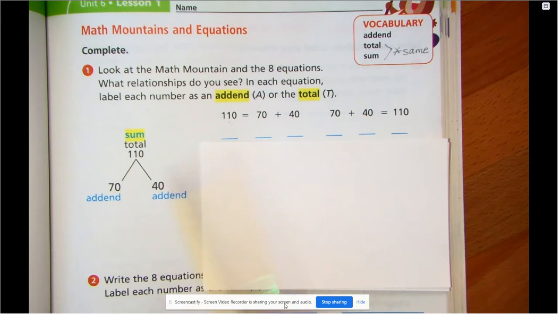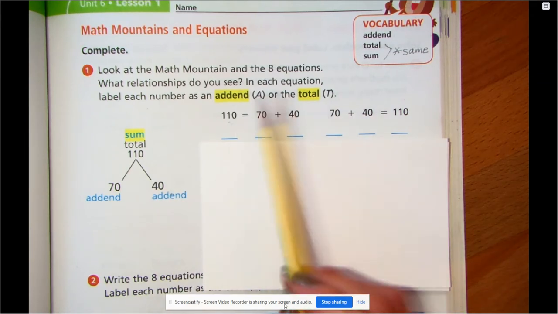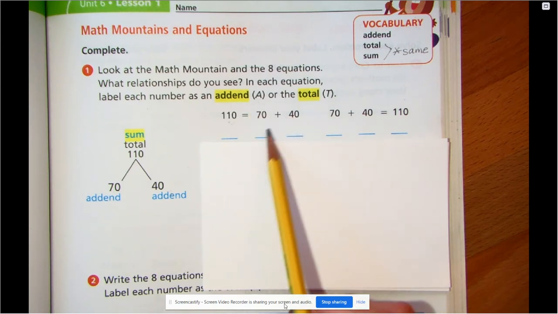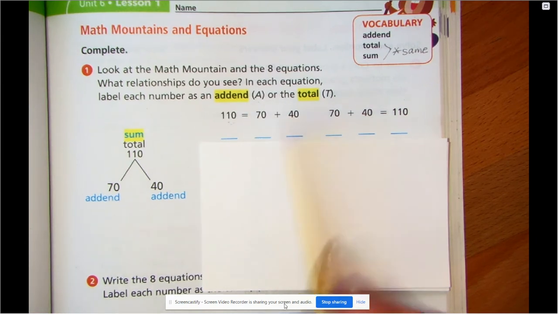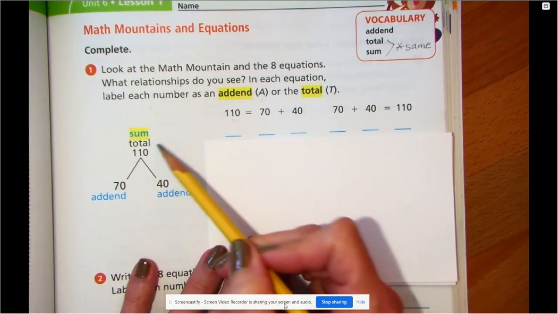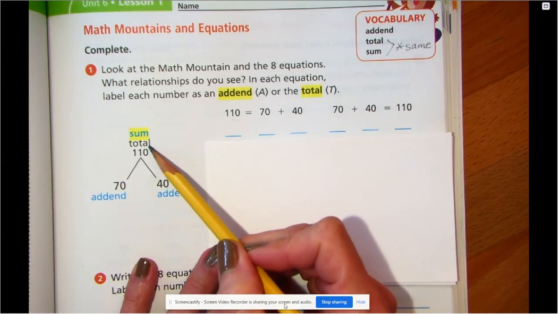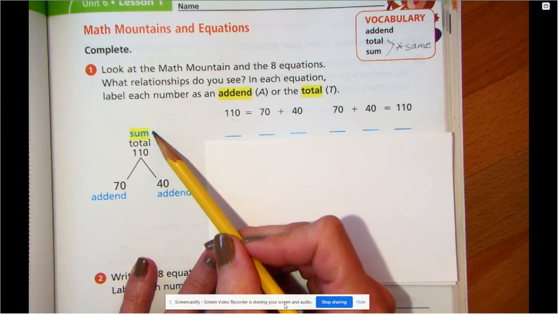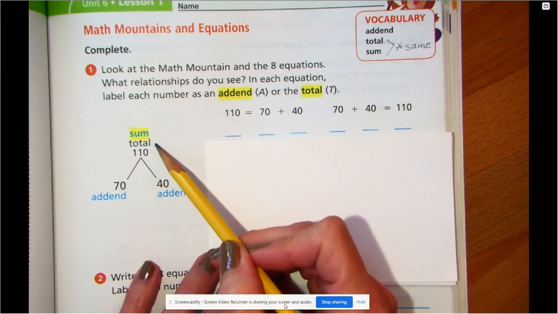So we're going to label all these different numbers with either an A or a T, depending on if they're addends or they're totals. And then we're going to see also how we can write it differently. So we know that the top number, right, the top of our mountain, is always the total. When we add things together, we call that the sum. It's the fancy math word for total.